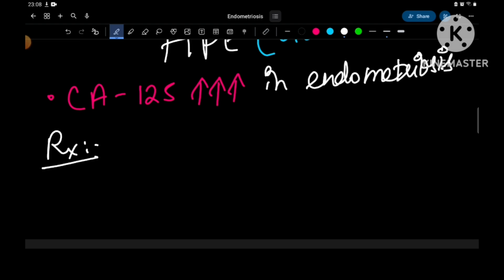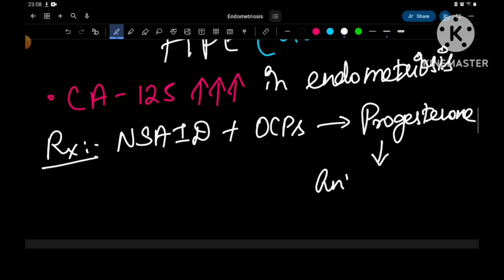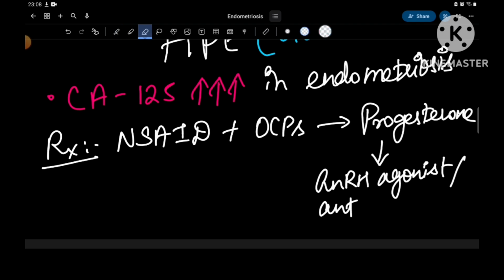To treat dysmenorrhea and all, we give NSAID plus OCP. Okay guys, if it fails, we go to progesterone. There are 3rd generation, 4th generation progesterones like gestrinone. If not, you give GnRH, agonist or antagonist. This is G, don't mistake me. It is G, guys.